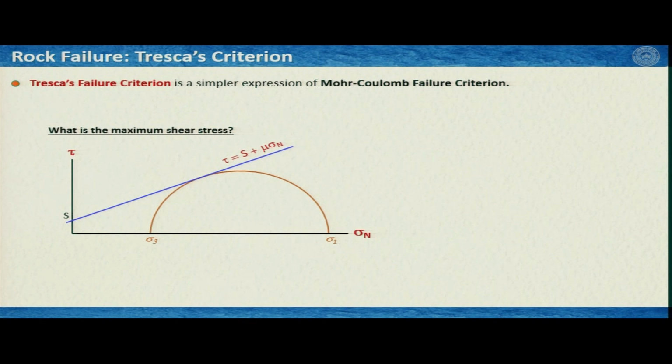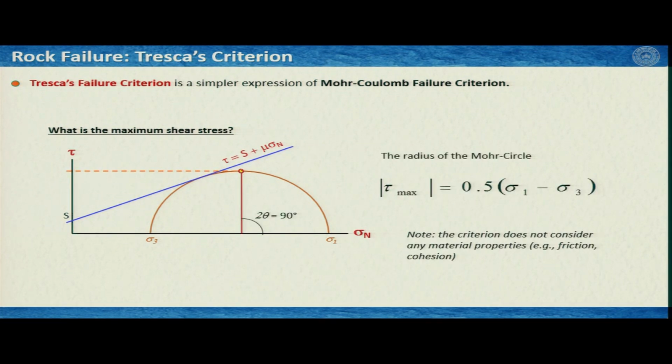Drucker's failure criterion is the simplest one. Now, if we consider a failure curve like this, and this is the Mohr-Coulomb failure criterion, then we can simply figure out that the maximum shear stress is coming somewhere here, right. This is the maximum shear stress you can achieve.